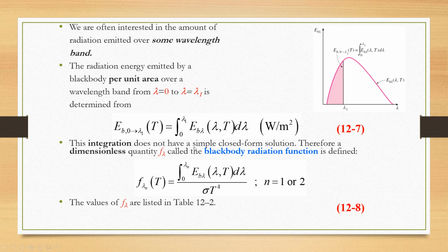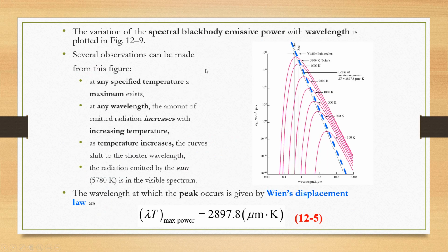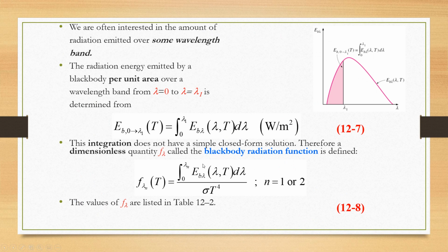Therefore, what we do here is use the blackbody radiation function, what we call f lambda. So f lambda n at T, we integrate E_b lambda, lambda T d lambda, and divide by the blackbody emissive power. This blackbody emissive power is from 0 to infinity, am I right? So this equation is from 0 to infinity. Therefore, we try to find the fraction from the total.